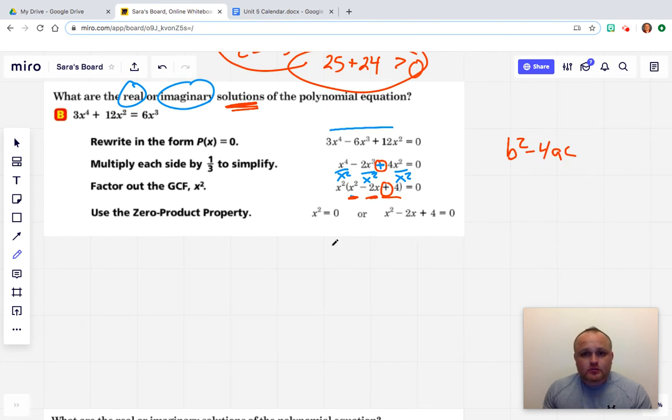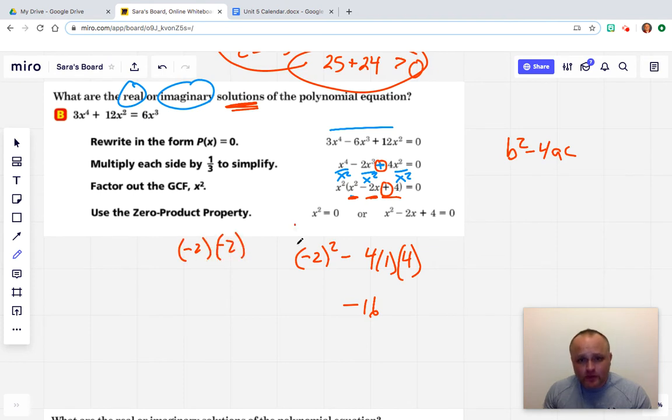So b squared minus 4, the new a, which is 1, the new c, which is positive 4. Negative 4 times 1 times positive 4 is a negative 16. Negative 2 squared is just negative 2 times negative 2. You have to be careful with that parentheses right there, and it would become a positive. So positive 4 minus 16 is obviously a negative number, so we know we're going to have 2 imaginary solutions for that piece.